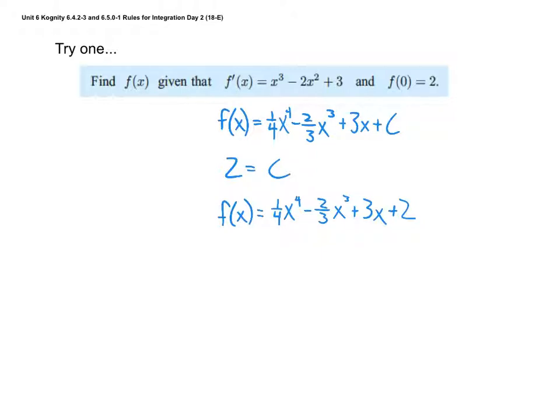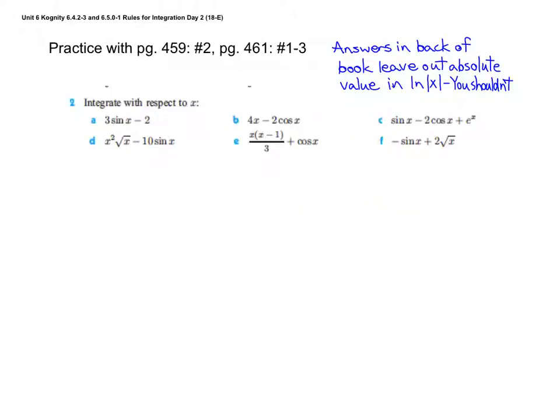Oh, yeah. Josh? My question was, I went down in the notes a little bit and I saw on the practice, it says answers in the back of the book leave out absolute value in ln of x, you shouldn't. Correct. As we look to practice here a little bit, remember these problems come from the Hayes and Harris textbook, all right?